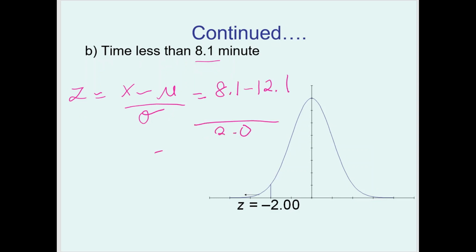So you should be getting negative 2.00 here. That is how you calculate for z. That's why it is denoted here that z equals negative 2.00 for less than 8.1 minutes.